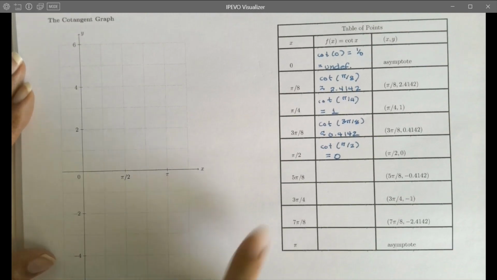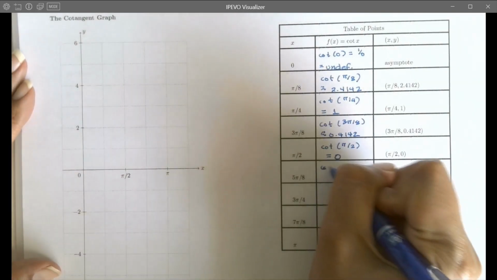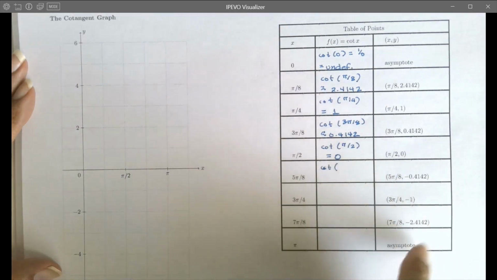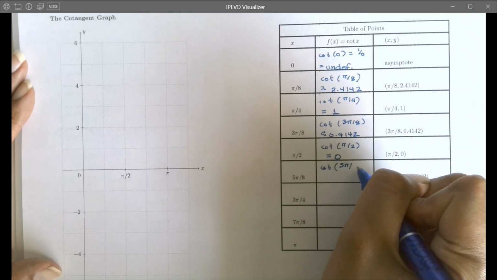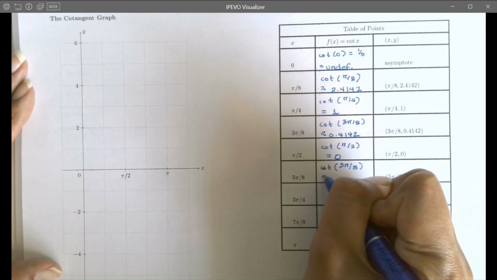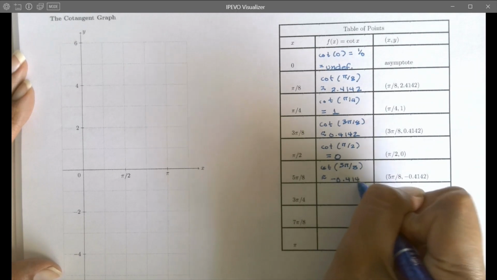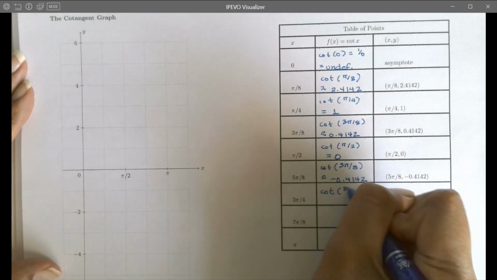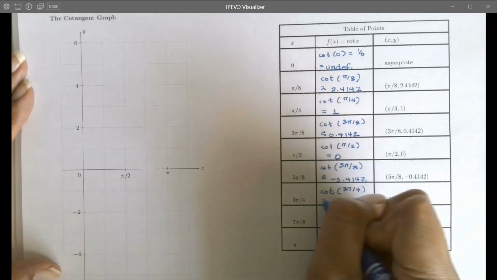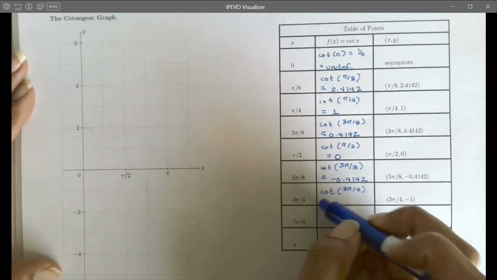Okay, so for the remainder of the x values, we're just going to trust that the given ones here are correct. So if I try to check cotangent of 5 pi over 8, that will be approximately negative 0.4142. If I check cotangent of 3 pi over 4, that's going to be exactly negative 1.